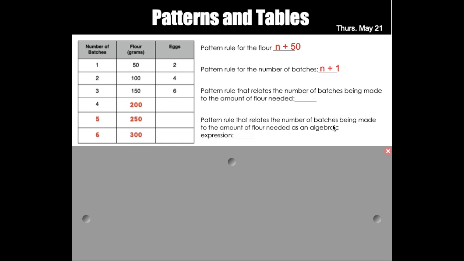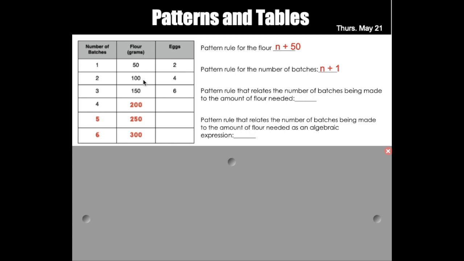Now a pattern rule that relates the number of batches being made to the amount of flour needed. So we're looking at 1 to 50, 2 to 100, 3 to 150. It is an increasing pattern. The flour is being added by 50 each time. Because this is increasing by 50 each time, the relationship between these two is going to be times 50. 1 plus 49 would work, but it's not going to work for 2. 2 plus 49 is not 100.